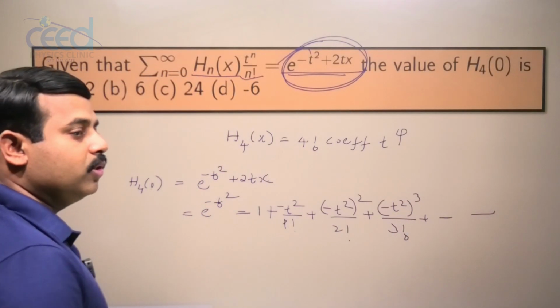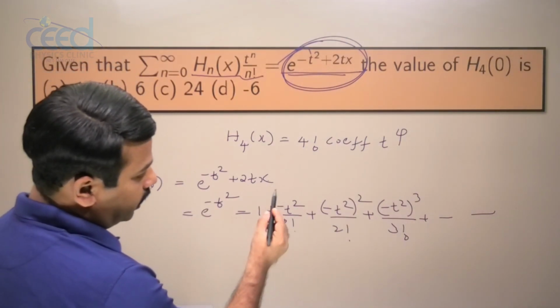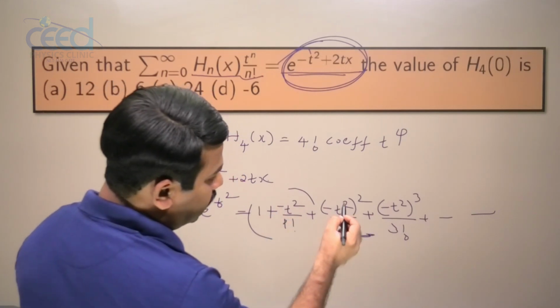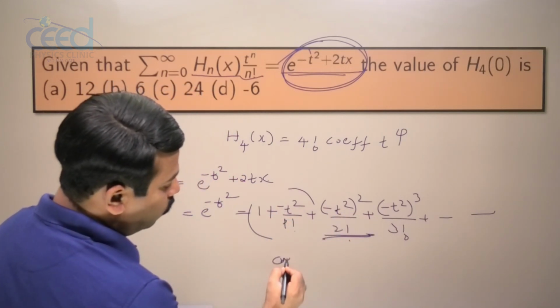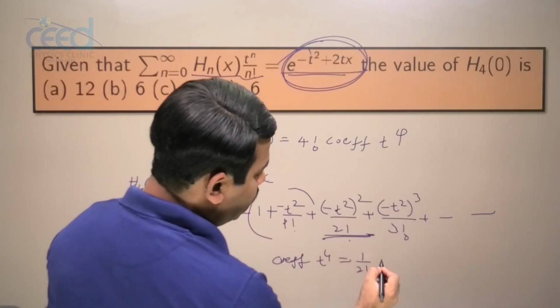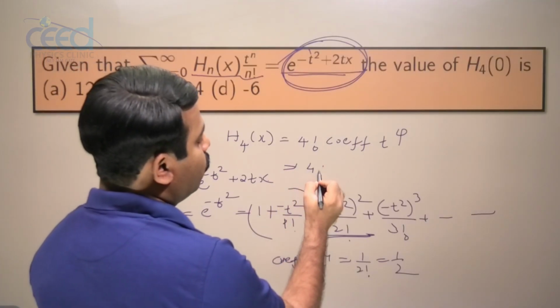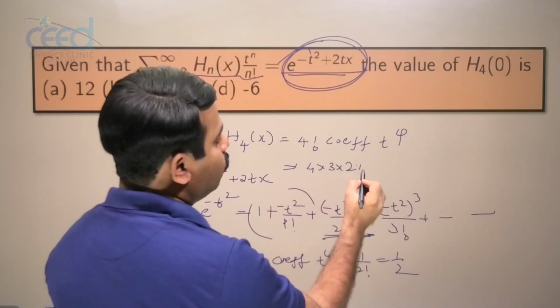Now what is the t raised to 4 coefficient? Here t raised to 4 comes from this term, t raised to 4 by 2 factorial, so the coefficient of t raised to 4 is 1 by 2 factorial, which is 1 by 2. Now what is 4 factorial? 4 into 3 into 2 into 1.